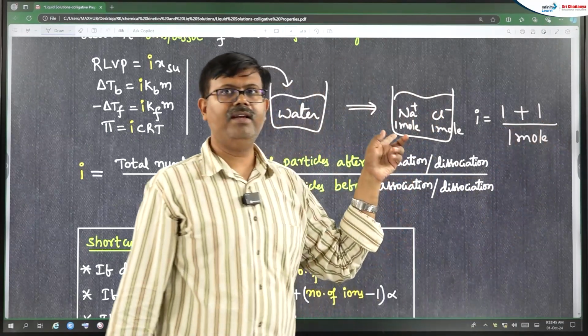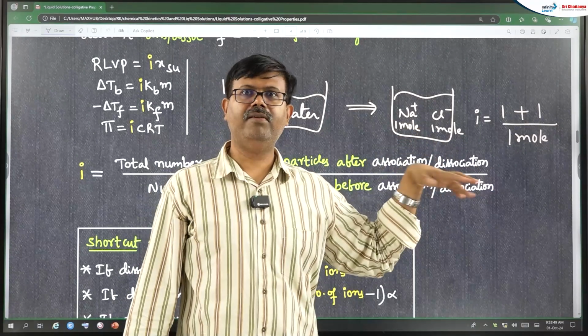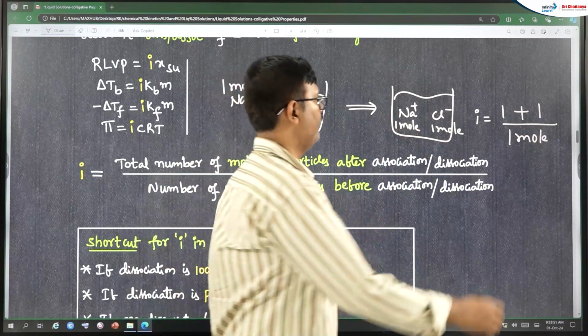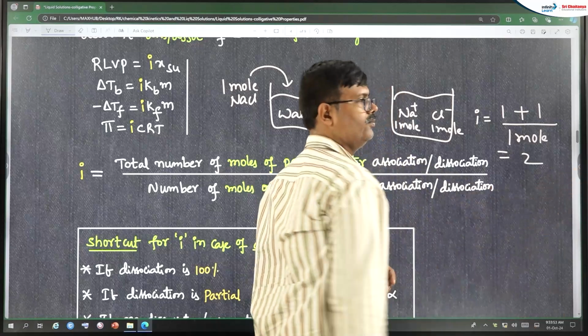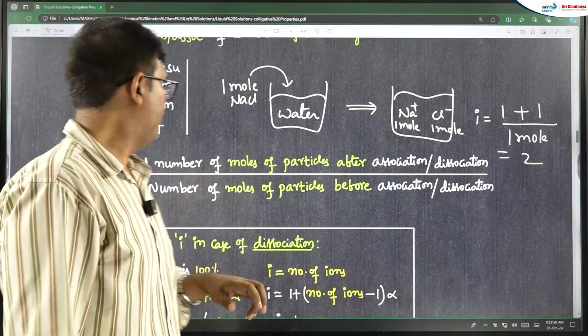So finally 1 plus 1, 2 moles, initially 1 mole. So Van 't Hoff factor here will be 2. In this manner, we need to identify the Van 't Hoff factor.